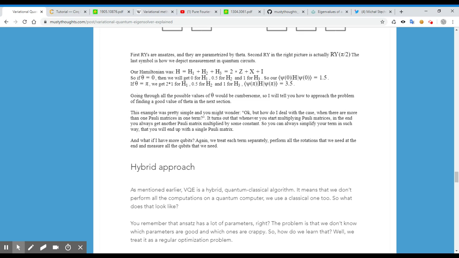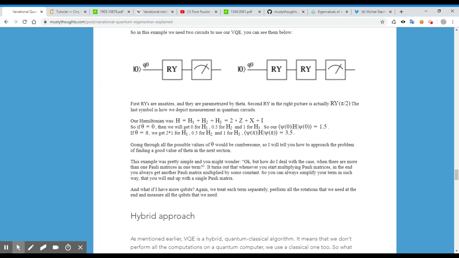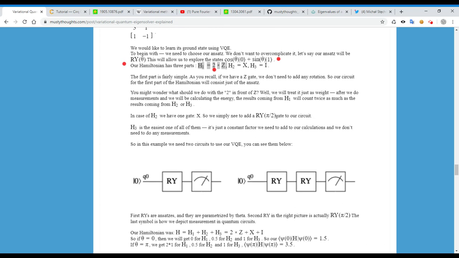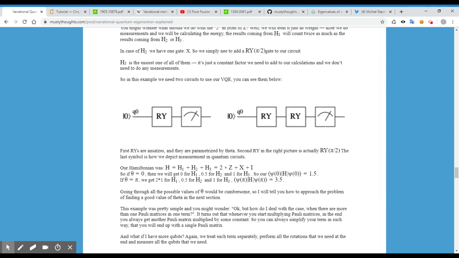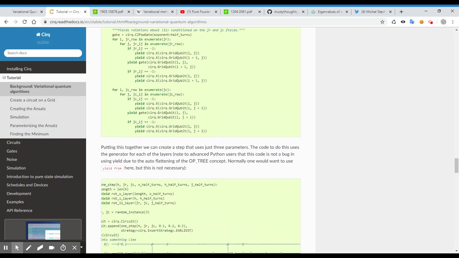So basically that's what they call the mixer, but it's still not clear to me where this is, for example, here in the tutorial.